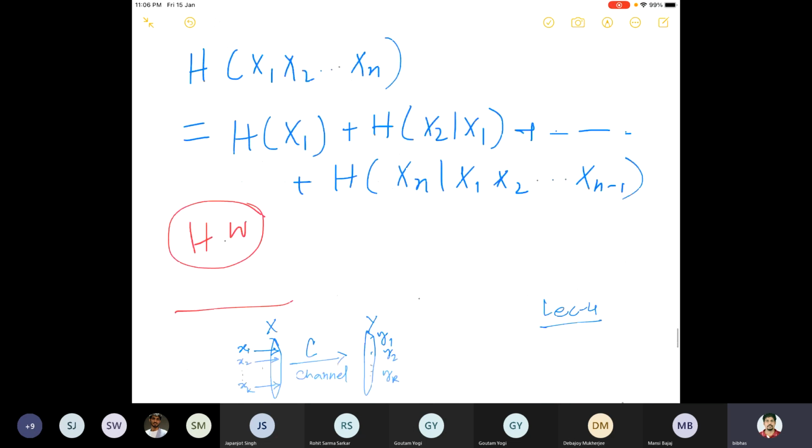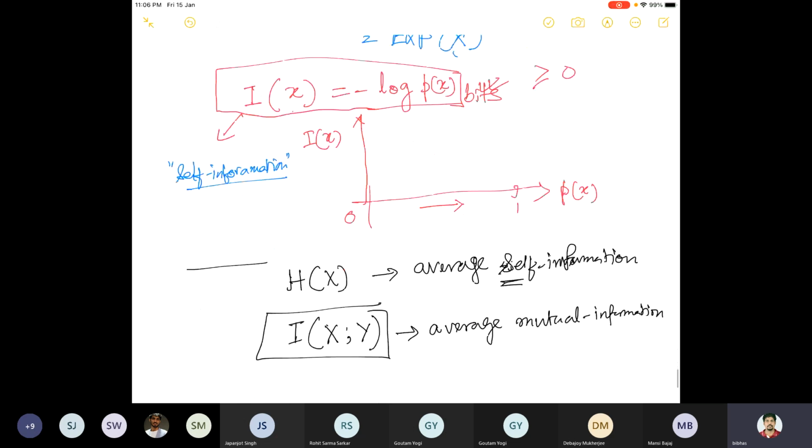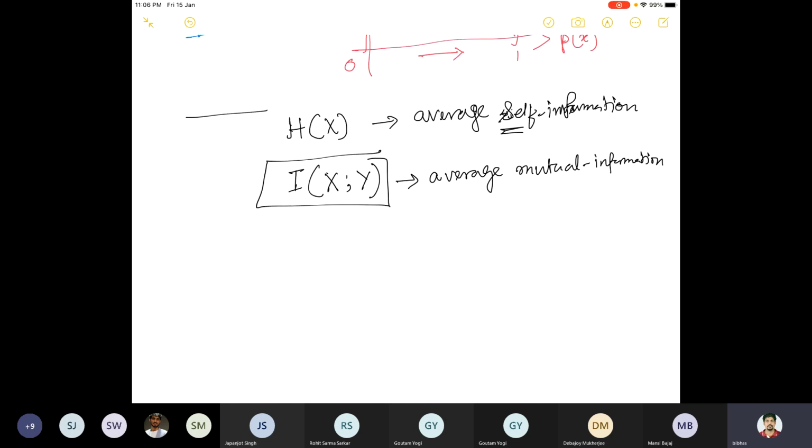What I'm emphasizing is that everything depends on the definition of mutual information, which is defined initially, and from that one definition you can derive everything. That is very, very important. That means if I want to quantify how much information one particular random variable contains about any other random variable.